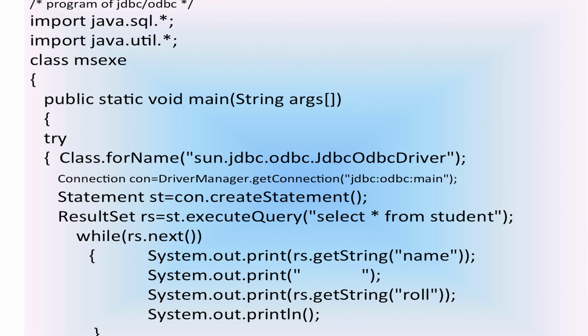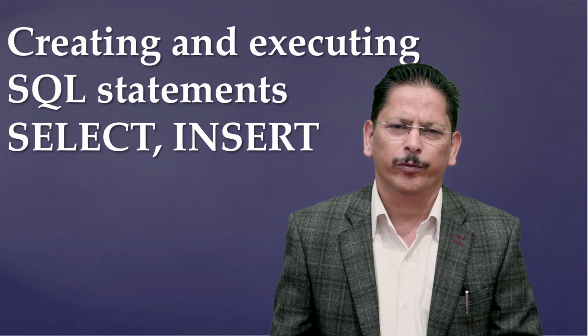Then a blank space, and then rs.getString roll number. Then it will be marks, and then println to move to the next line. In place of roll we will write marks, if we are using this student table, so marks will be displayed over here.